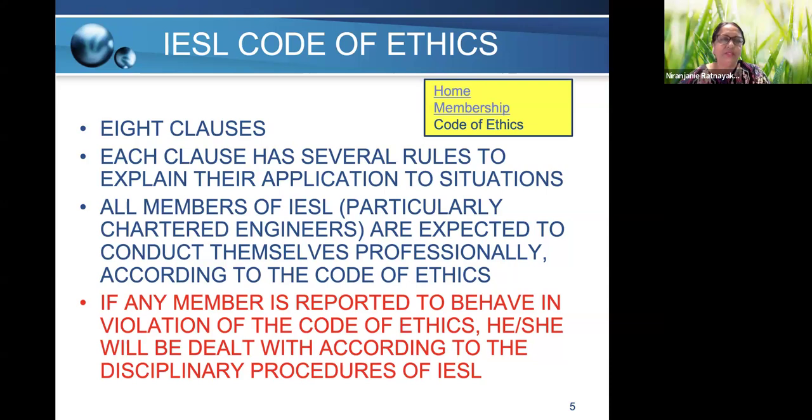Probably the worst disciplinary punishment will be taking away your membership, so you won't be able to practice as an engineer, right? So that is important to remember. The code of ethics is not just something that you can get away with.